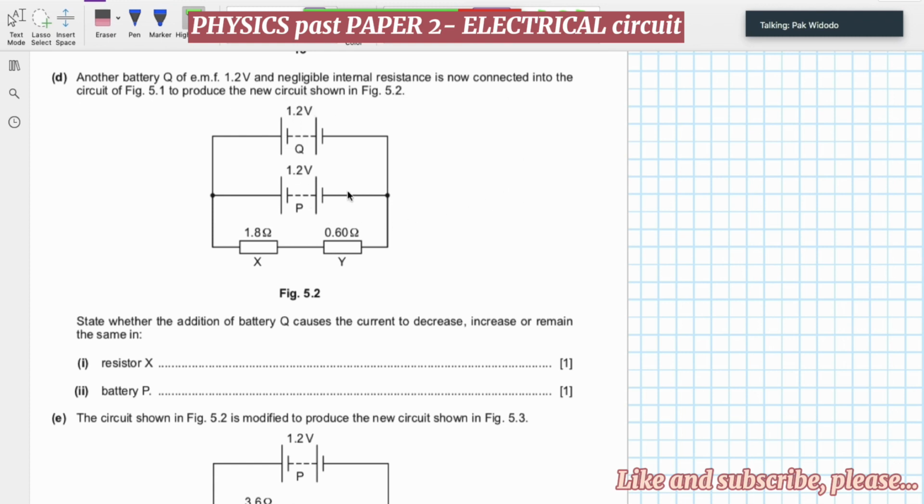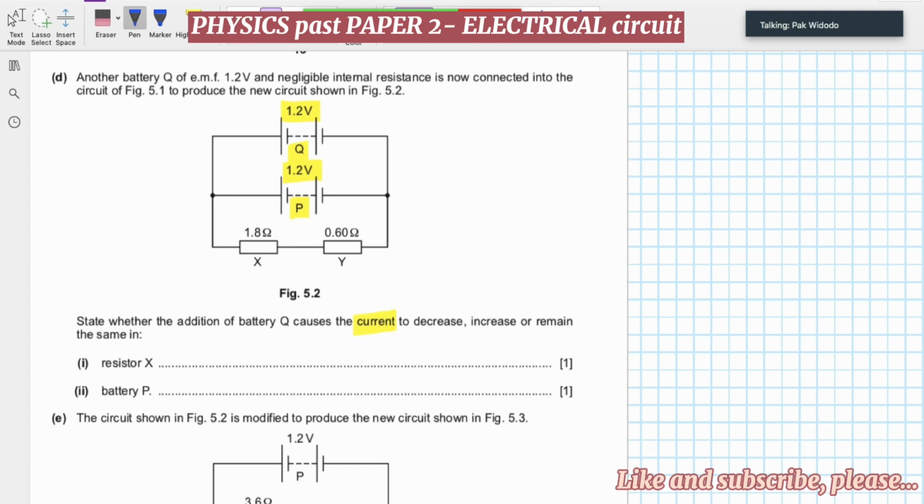Oh, we have two, another 1.2 volt, P and Q. State whether the additional battery Q causes the current to decrease, increase, or remain the same in resistor X.